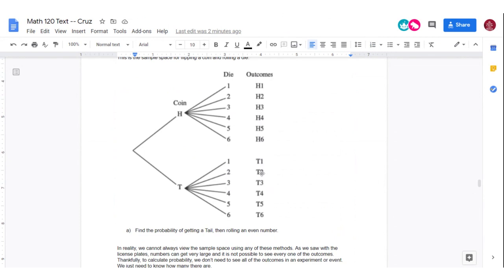So that's 1 here, the second one, 2, 3. So how many different outcomes are there? Well, you can count 1, 2, 3, 4, 5, 6, 7, 8, 9, 10, 11, 12. You can also find it by the coin's number of sides, 2, times 6, is 12. And so that's 1 quarter.